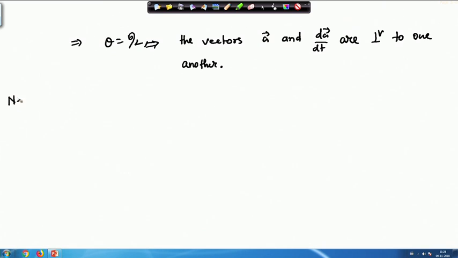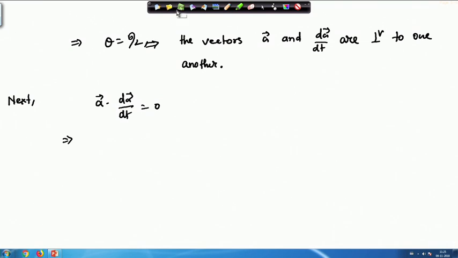Next, we have the other way around. Let us assume that A and dA/dt are perpendicular, so their dot product is equal to 0.